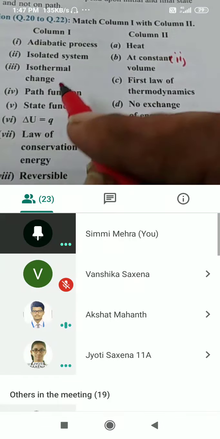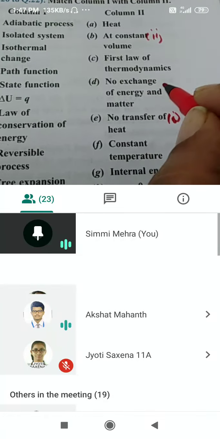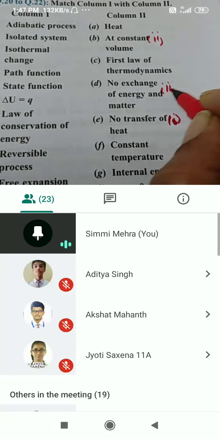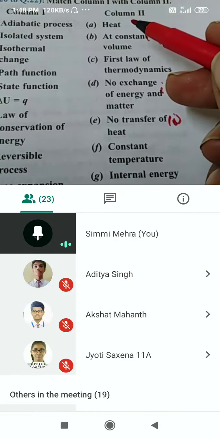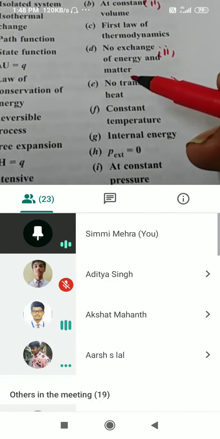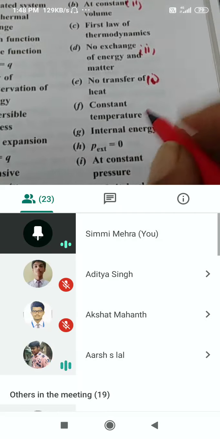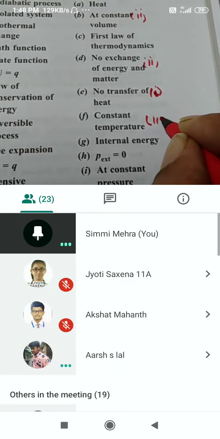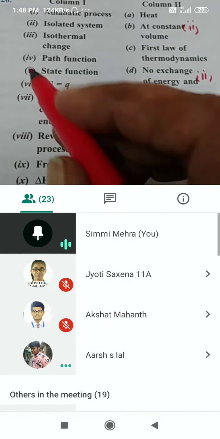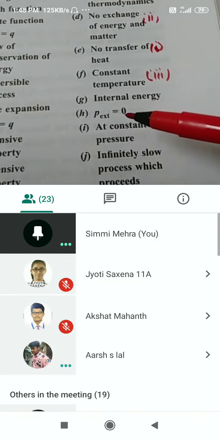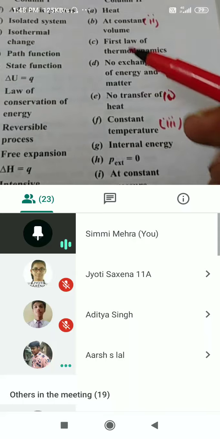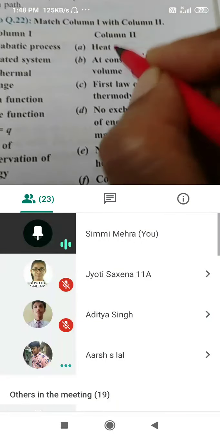Sorry. We'll correct it. Isothermal means same temperature. Isothermal. Yes. Constant temperature. 1, 2, 3. Next is path function. What was A? Heat.